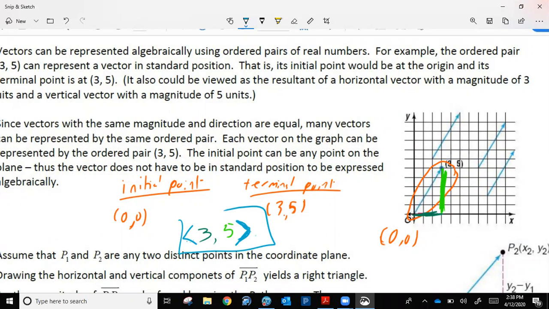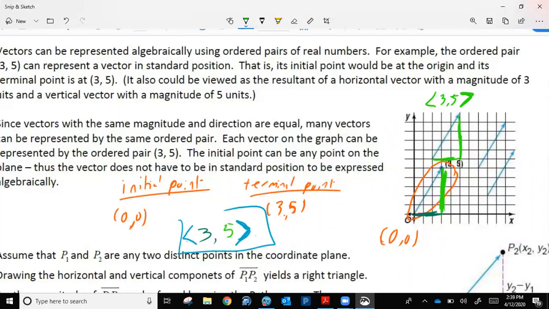All of these vectors listed off to the side here in blue are 3, 5. They all start and stop in different locations, but if we look closely, I'll run through one of them. This vector is moving 3 units horizontally and 5 units vertically. That is vector 3, 5.